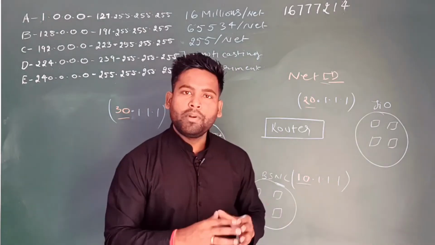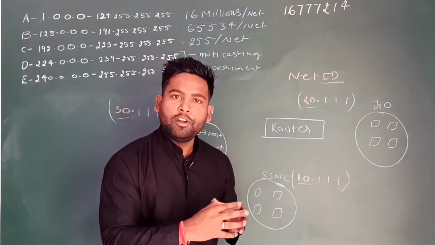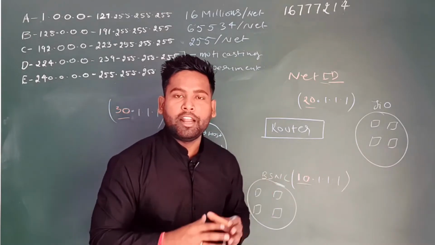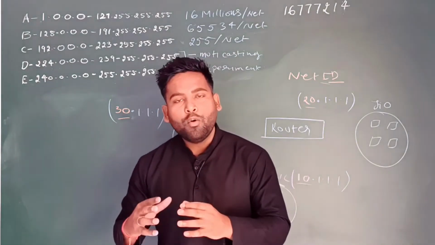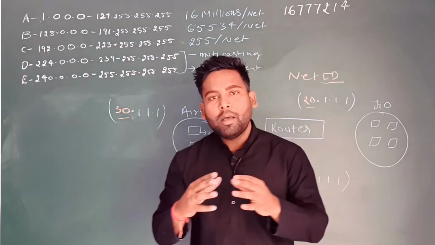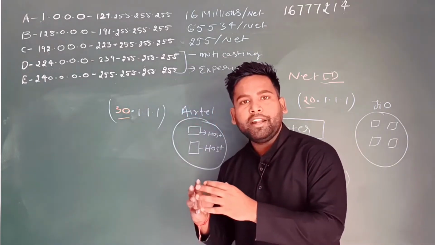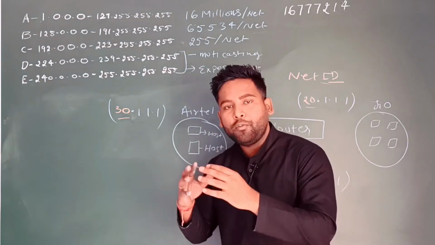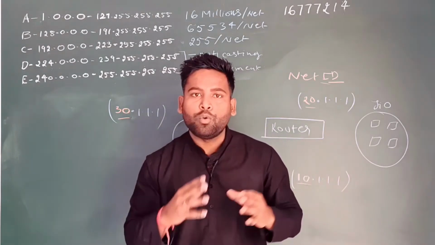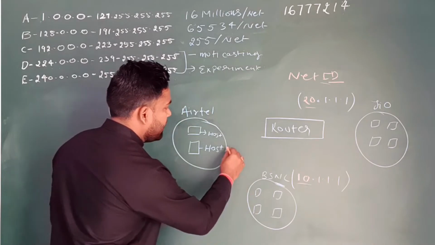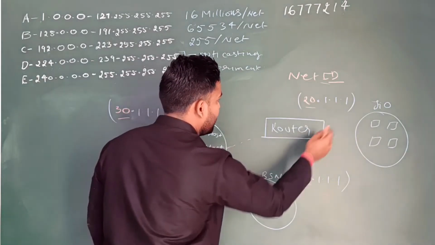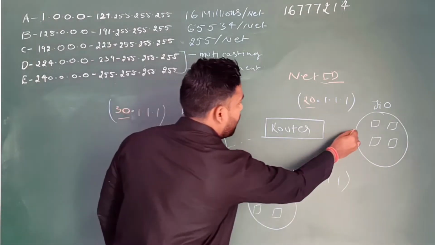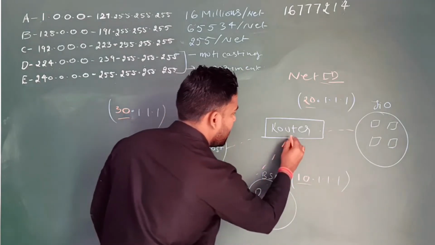At the router, different packets arrive from different networks. How would the router know where the packet is coming from, who is the owner of that packet, and where it needs to forward this packet? For example, different packets are coming from, let's say, the Airtel or Jio network or the BSNL network.